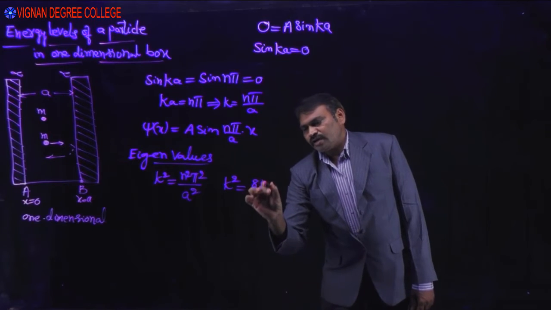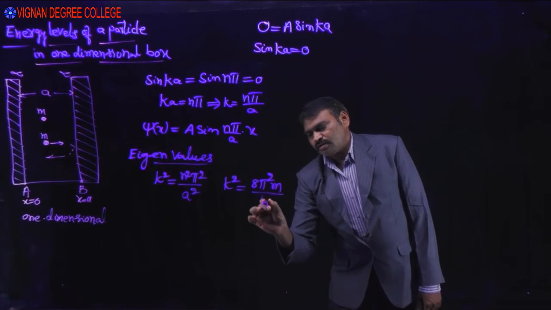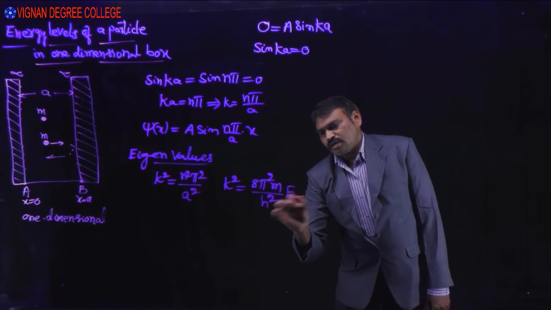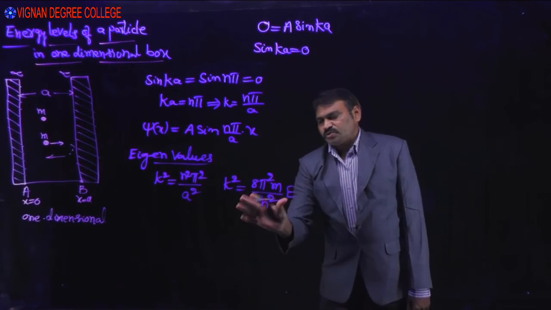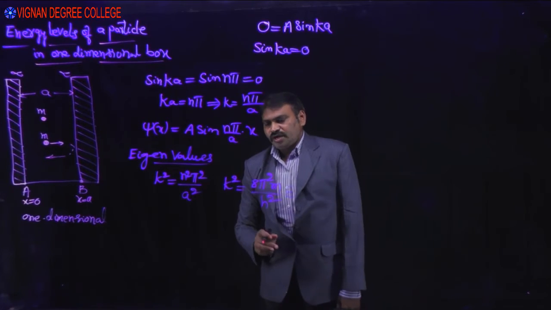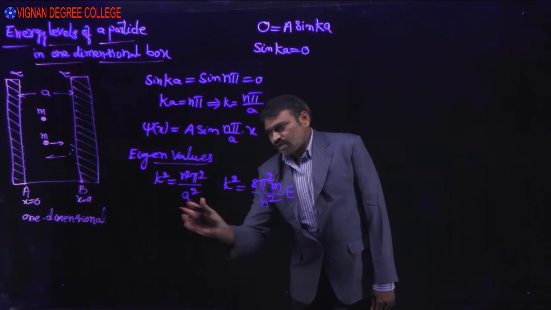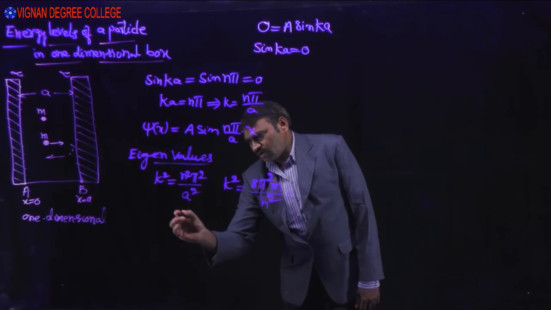k square is equal to 8 pi square m by h square into E. This is from the Schrodinger wave equation, and this k square is obtained. These two values of k square are equal.